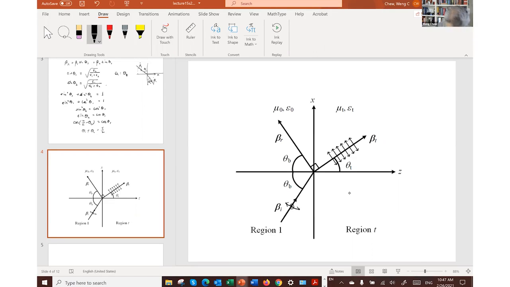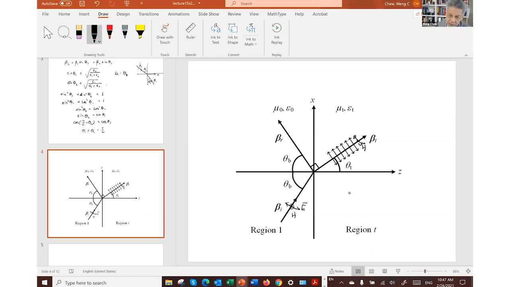Just to show you how the electric field is polarized and how the magnetic field is polarized. So as the wave propagates in the medium, okay, the H field is parallel to the interface or perpendicular to the paper, but the electric field is not parallel. It has a component that polarizes the interface.